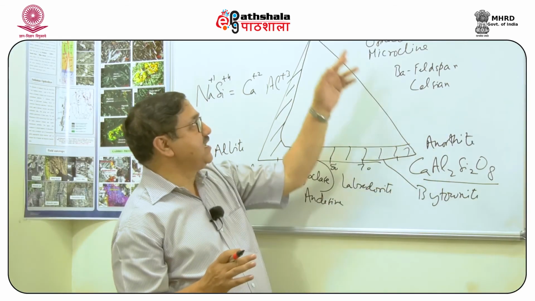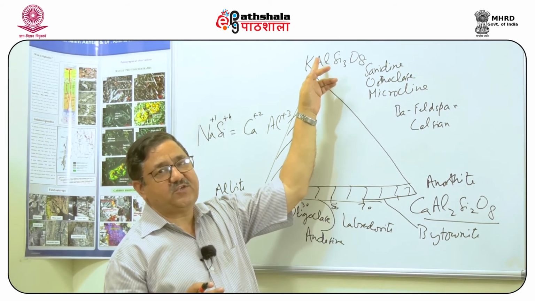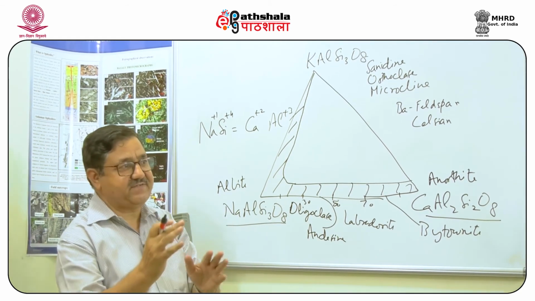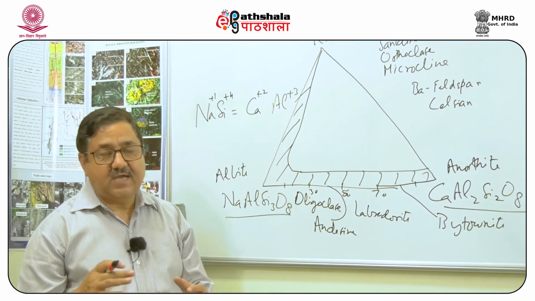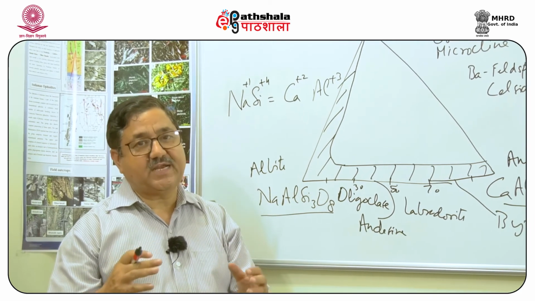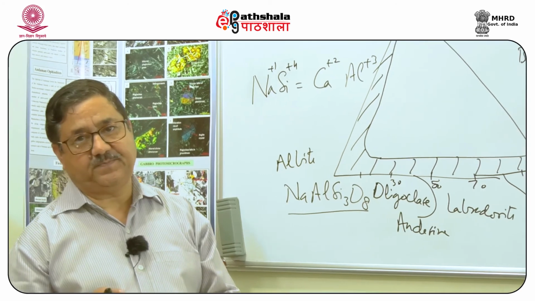Now, compare this with the situation in alkali feldspar, where the ratio of aluminum to silicon is 1:3. So, 25%, 75%, where here it is 50%, 50%. So, there is a significant amount of substitution and disordering seen in plagioclase.